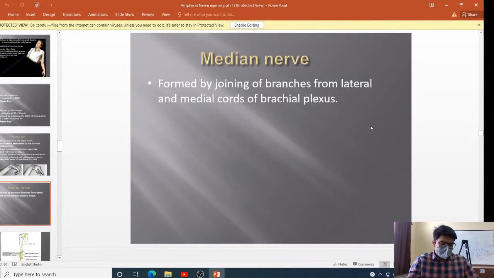Now coming to the median nerve. The median nerve is formed by joining the branches from the lateral and medial cords of the brachial plexus: the lateral root of the median nerve and the medial root of the median nerve.